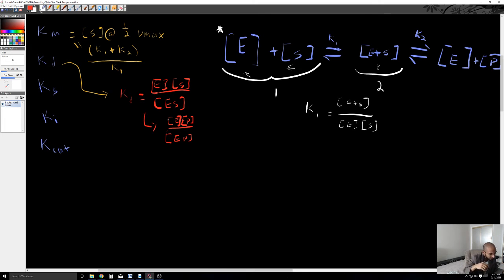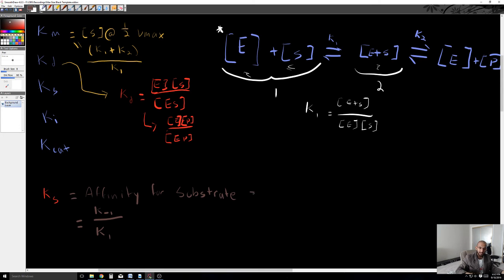Next we have Ks. Ks in English is affinity for substrate. Whose affinity? The enzyme's. And we can describe that in two different ways. This is how you'll do it for your problem set: you'll use k sub -1 over k1.